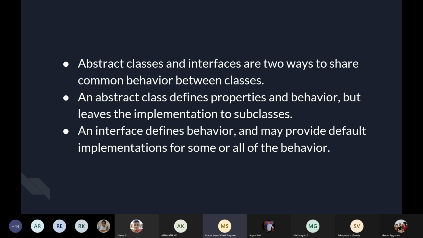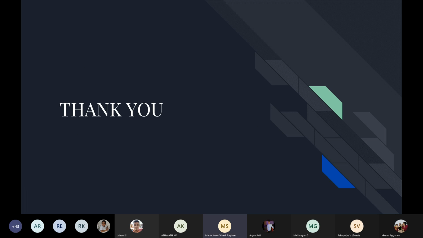Interfaces also define behavior, and might provide some implementation for some of the behavior, leaving the rest to the subclasses. If you don't understand abstract classes and interfaces right now, go through it again or look at some other examples, and I hope it becomes very clear to you.